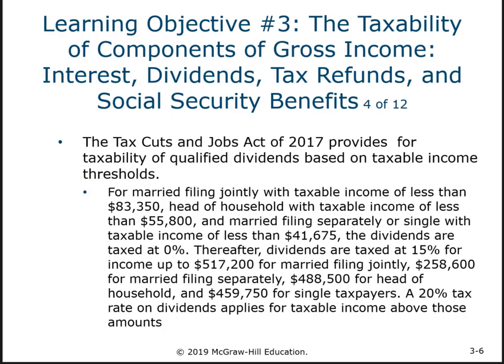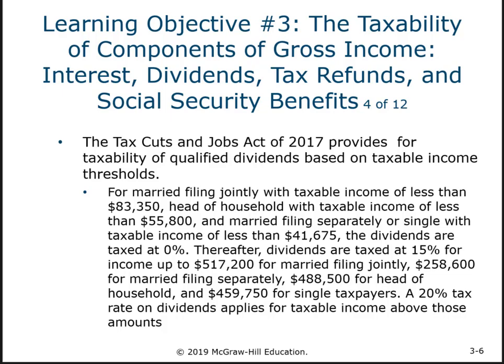And you see the different ones for the different filing statuses. And then they're taxed 15% all the way up to $517,000. And then over that amount of income, they're taxed at 20%. So you have to be making a lot of money to have 20%.